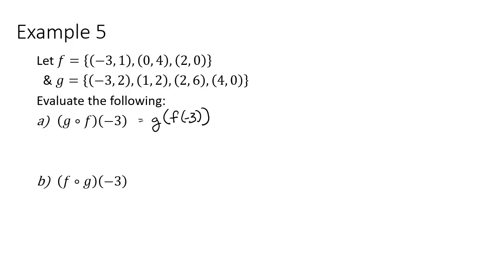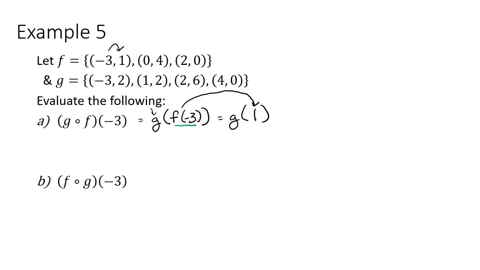Whenever you're evaluating a composition, you start on the inside and work your way out. So f of -3 is something we can handle. That's just like a problem from section 2.1. So f of -3 is 1. So what this is equal to then is g of 1. Just replacing the entire f of -3 on the inside with what it evaluates out to.